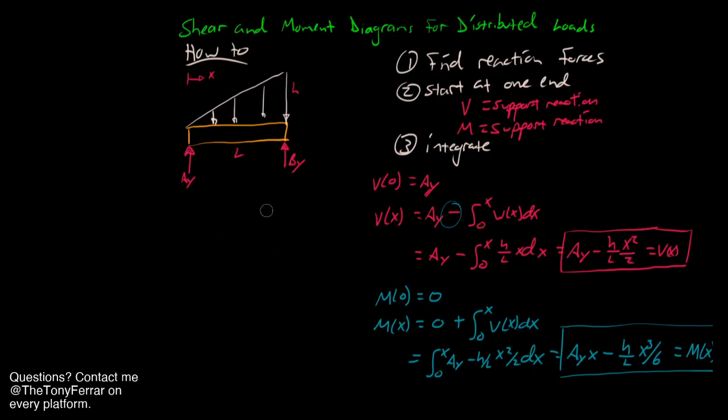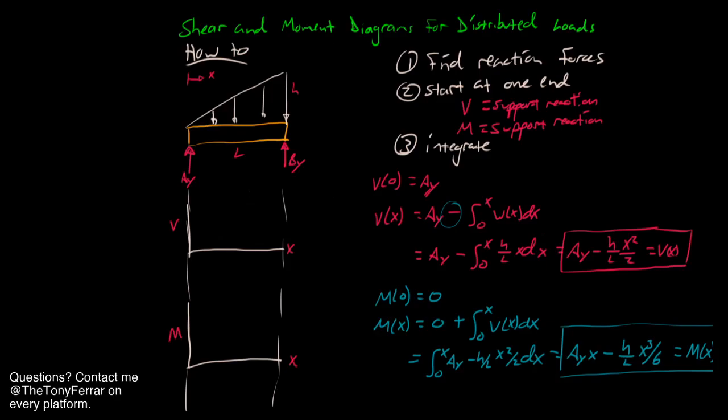So let's get this stuff out of the way here real quick and drop in our guidelines again. Give ourselves a couple axes. We've got the shear function here and the moment function here, both plotted against x.